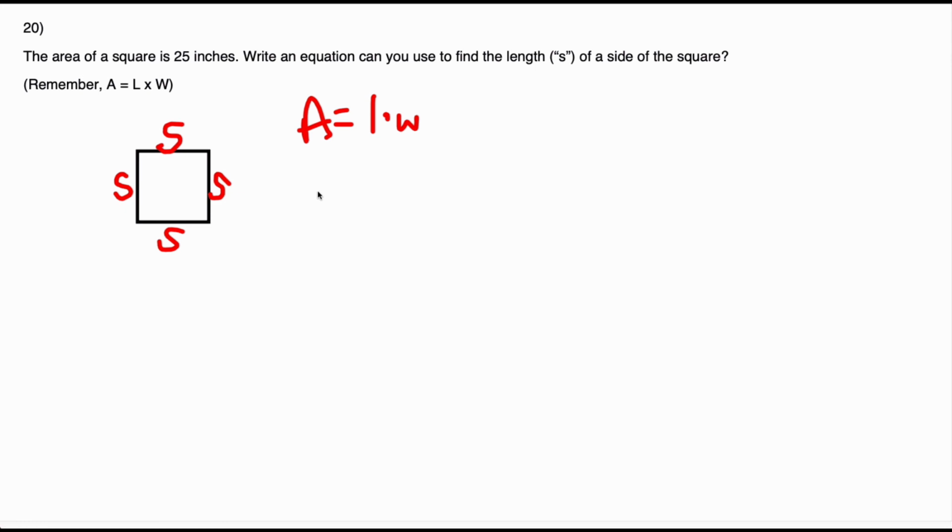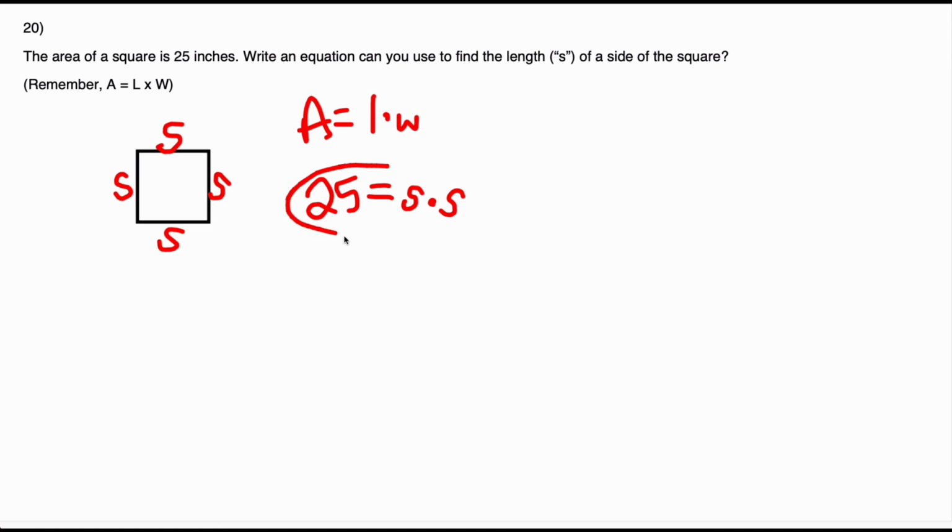So what you're looking for in this problem is what number multiplied by itself will equal 25. So the formula here is going to be 25 equals s times s.